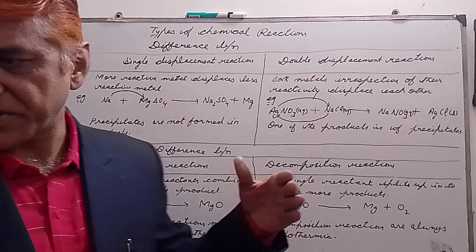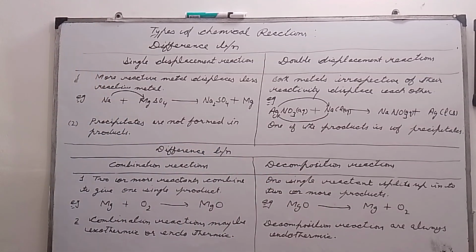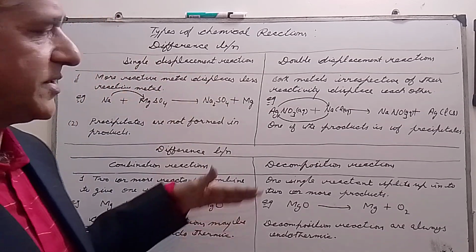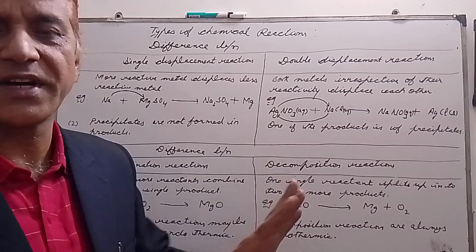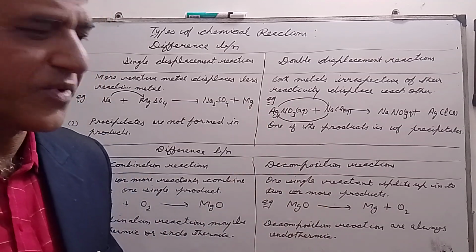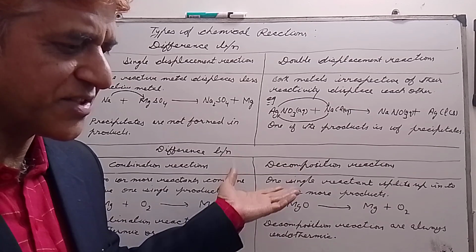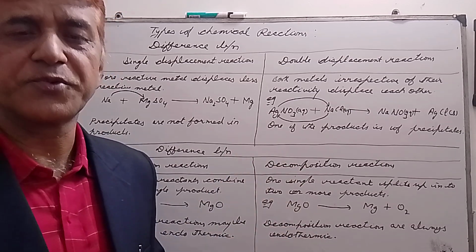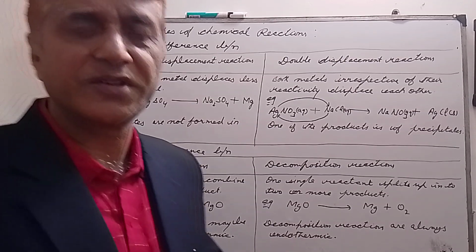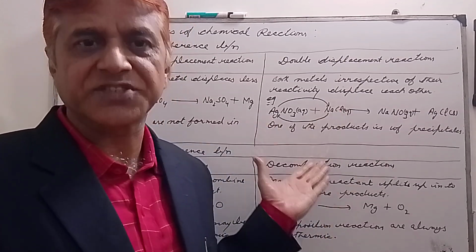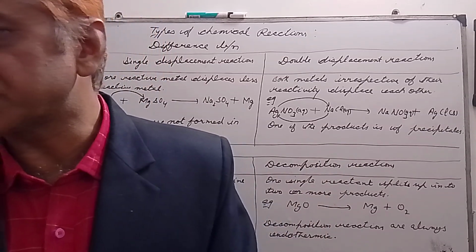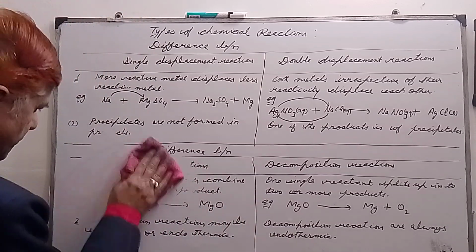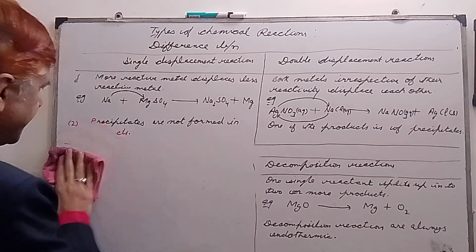So let's move forward. My dear students, now based on the types of chemical reactions which we have discussed, for example decomposition reactions, combination reactions, displacement reactions, double displacement reactions, to reinforce your understanding of these reactions, I would like to give you some questions based on them.